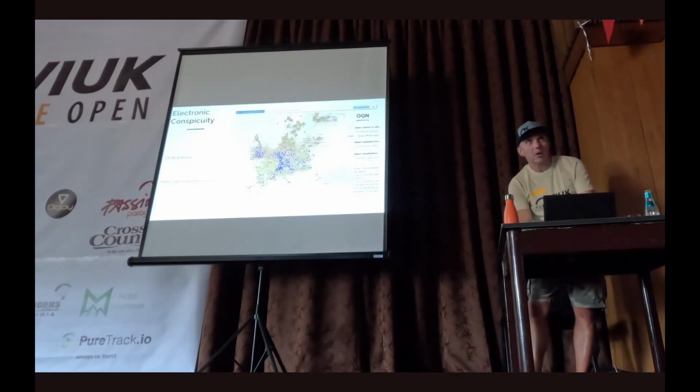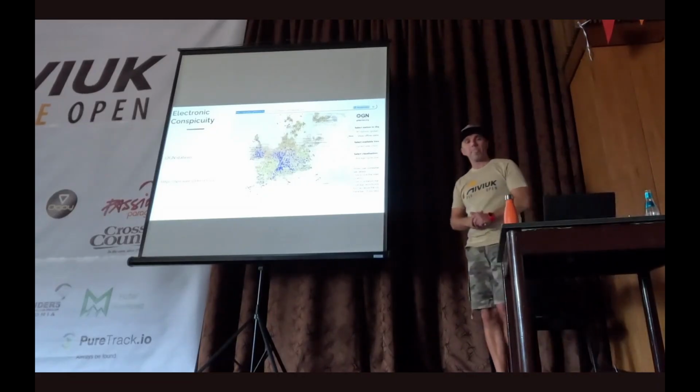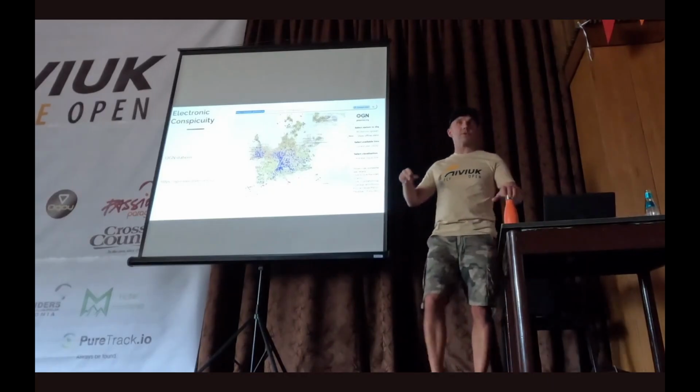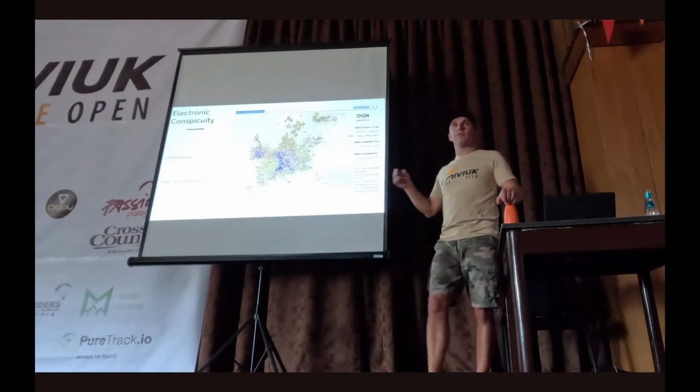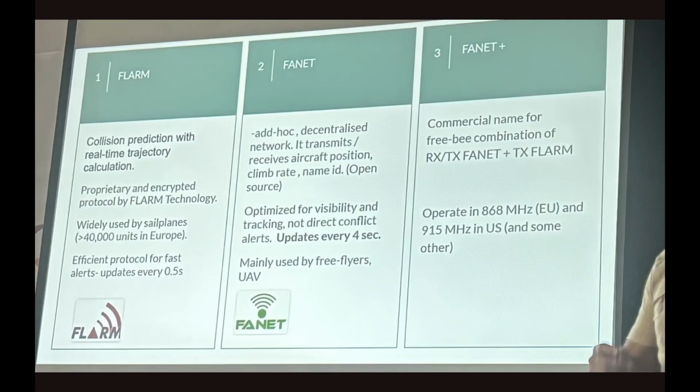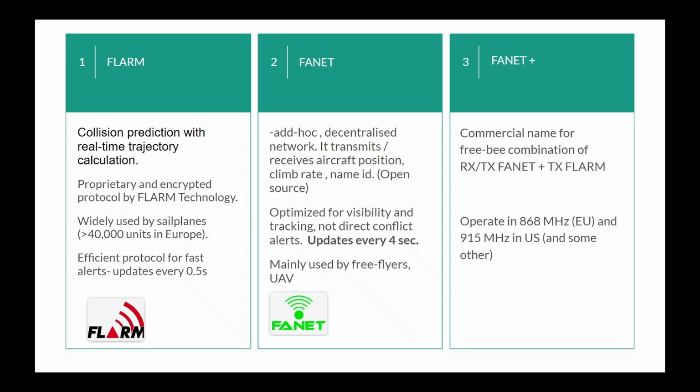Can you bounce off of other people's FLARMs, or does it need to have an aerial? Right, I was going to come on to that later. The difference between FANET and FLARM is that FANET retransmits the signals. It has the ability to rebroadcast a signal received from one pilot further down, and that expands the range.